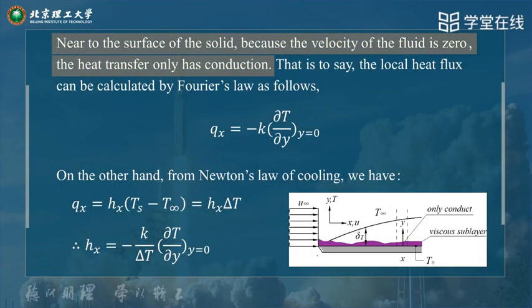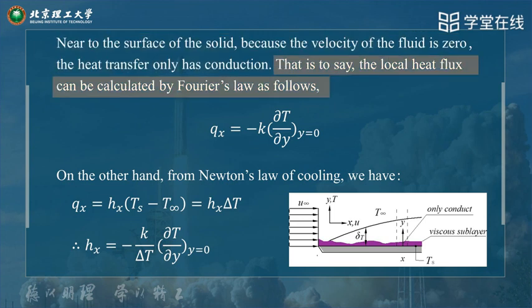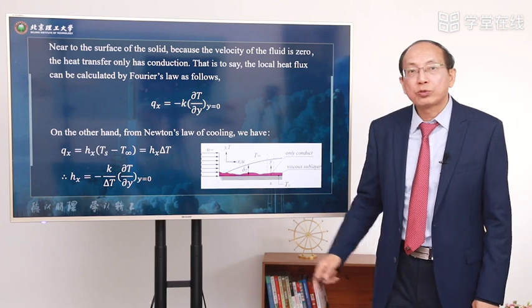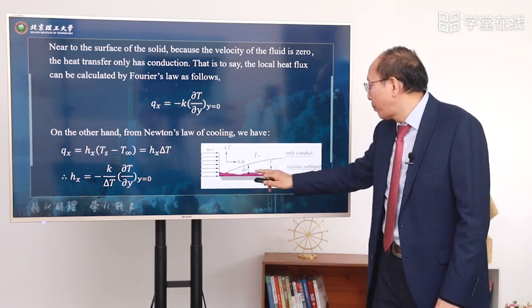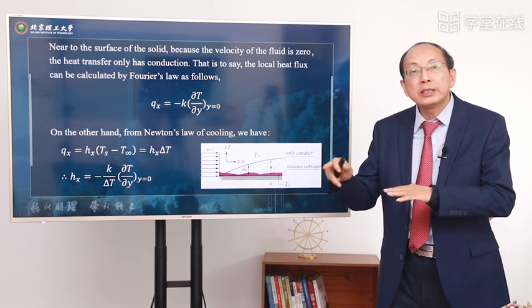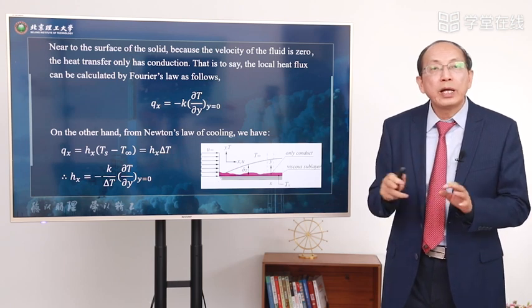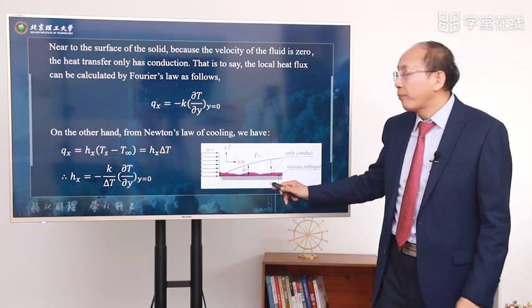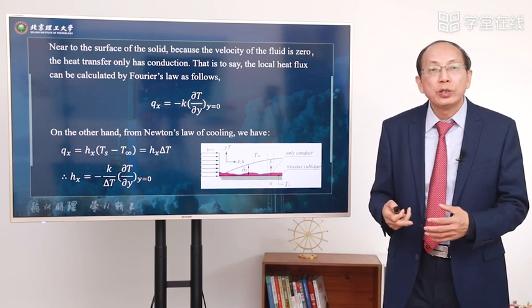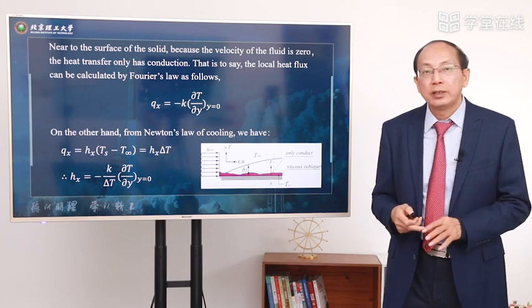Near the surface of the solid, because the velocity of the fluid is zero, heat transfer has only conduction. That is to say, the local heat flux can be calculated by Fourier's law. Very close to the plate, the flow rate is very small, so heat transfer is only by conduction, and we can use the conduction equation to calculate the heat flux.